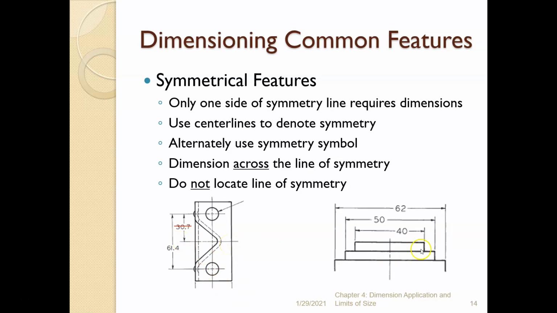So we want to be careful. This is correctly dimensioned on the right-hand side. We are not missing any dimensions here. You do not need a 20 or a 25 or a 31 here. And in fact, that would be wrong. Here, the 30.7 is wrong. The 61.4 is all we need.